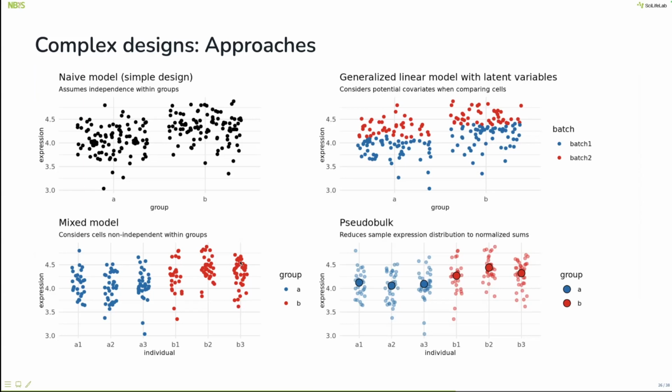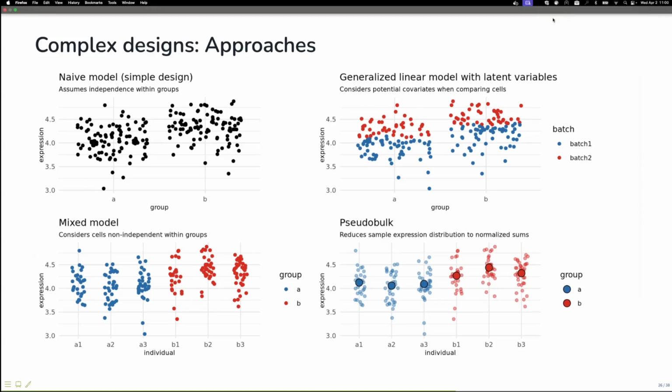You can't use the latent variables if you don't have shared groups or variables between your groups. If each patient that you want to include is only present in the patient groups, then you can't use the latent variables, but you can use this mixed model.